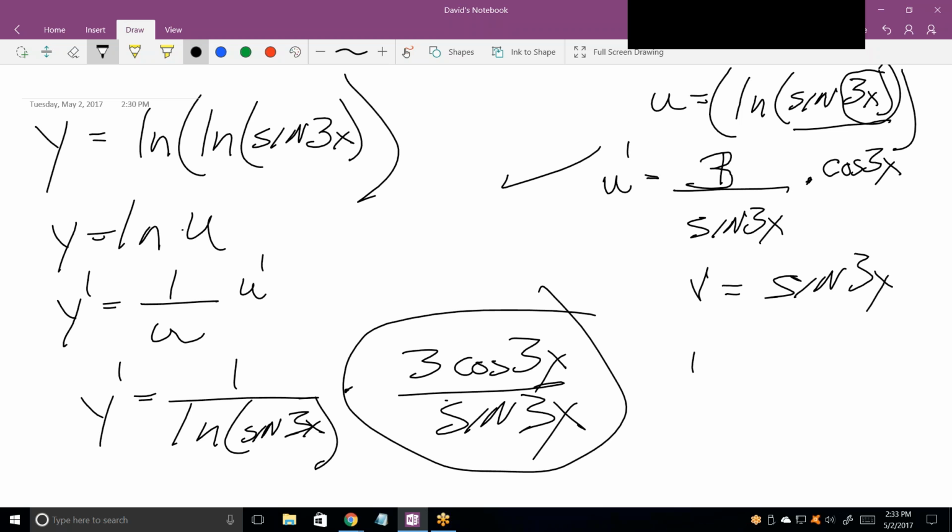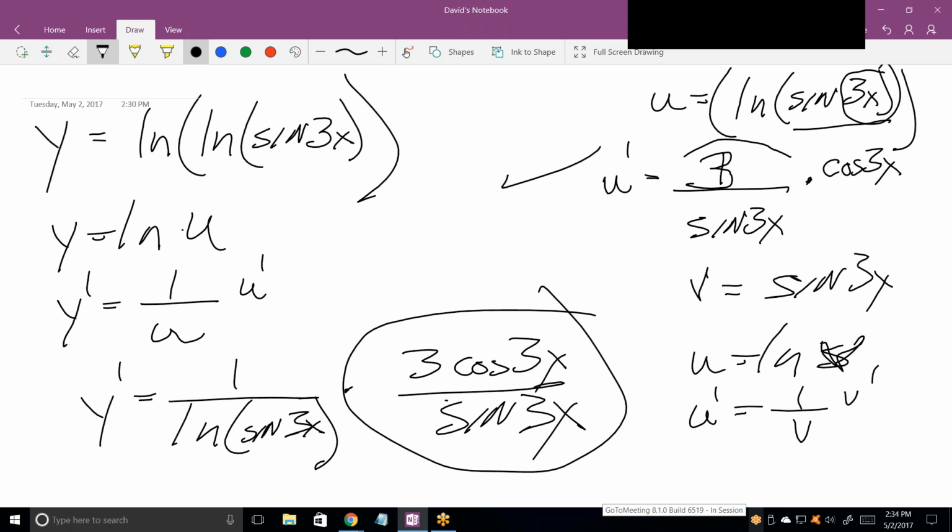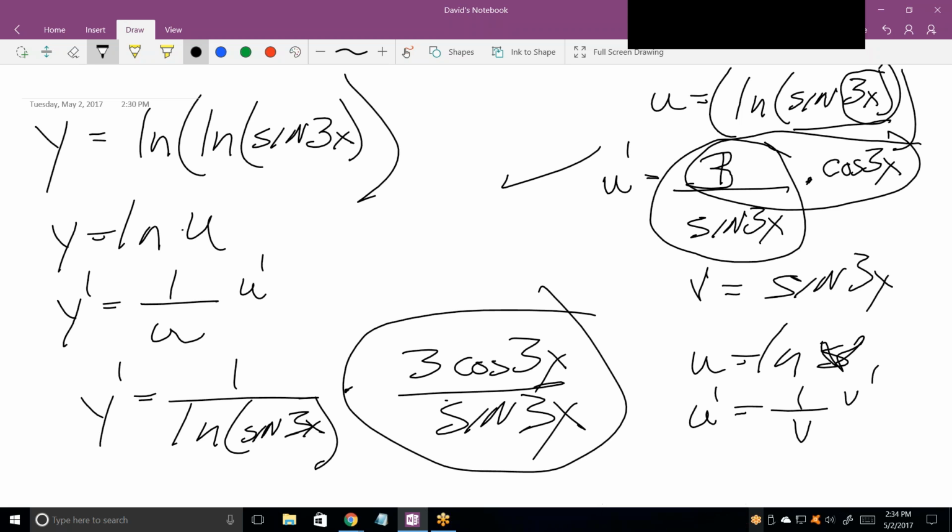So I would have u equals natural log of v, which means u prime is 1 over v times v prime. That makes sense.